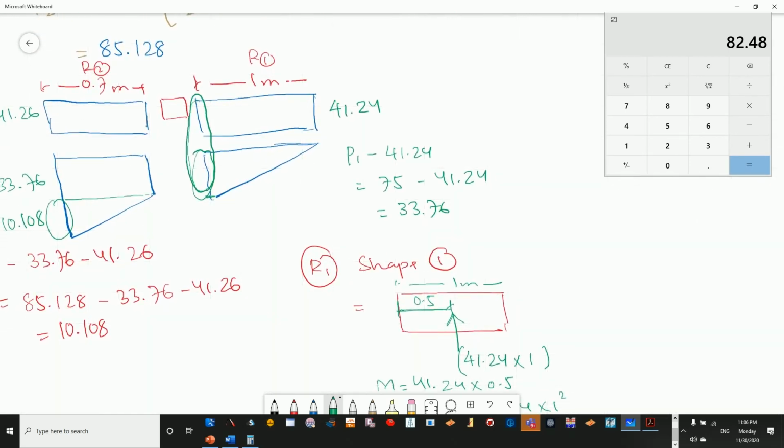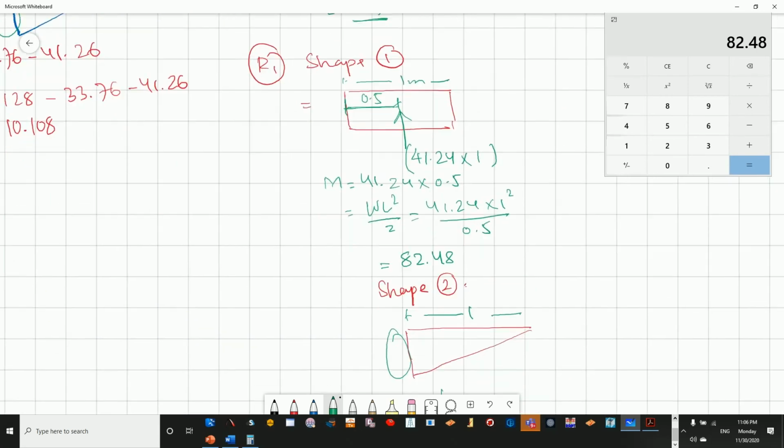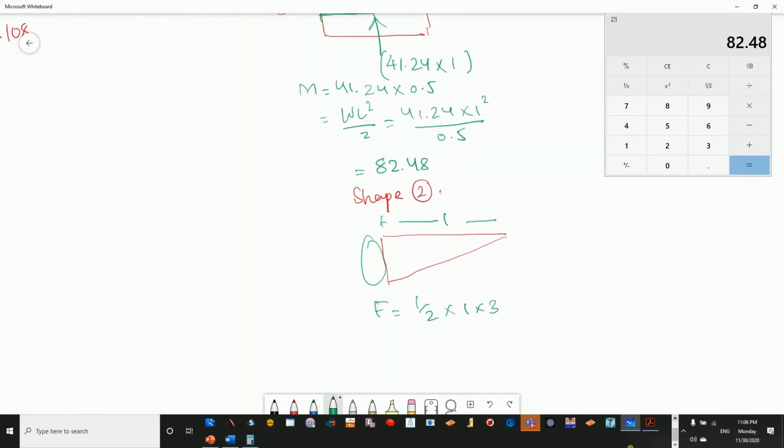The height has been calculated as 33.76. Okay, and the force will be acting at 1/3 from the right angle, and this is the position where we are calculating the moment.